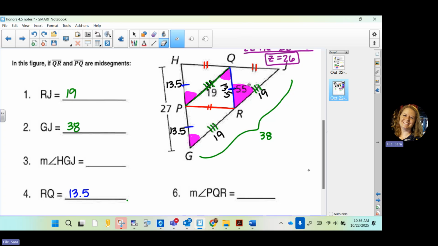Okay, so then the question down here that asks about the measure of angle HGJ, that's right here, HGJ, it's 55. And the one that asks about PQR, P to Q to R, that's this one in here, is also 55.